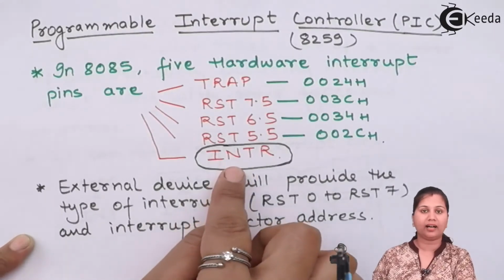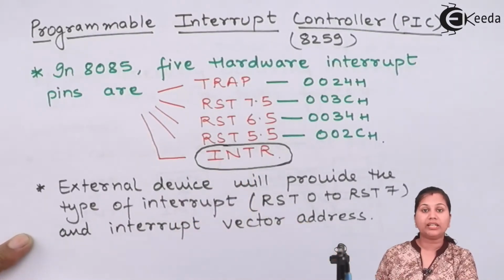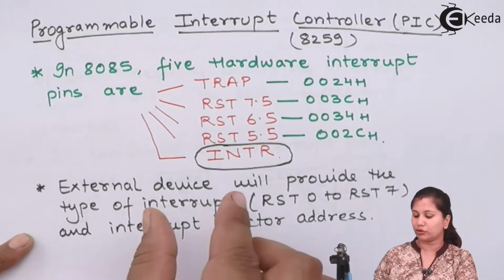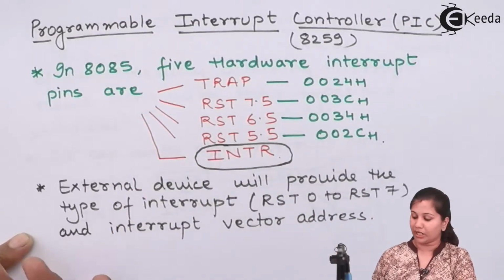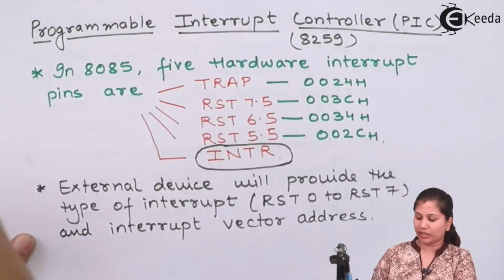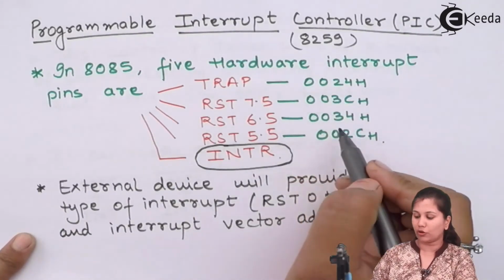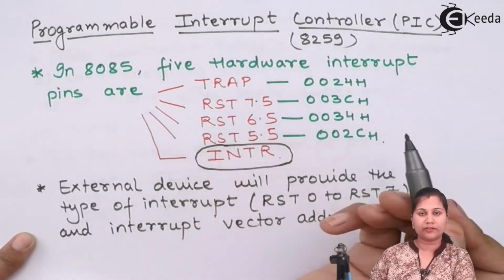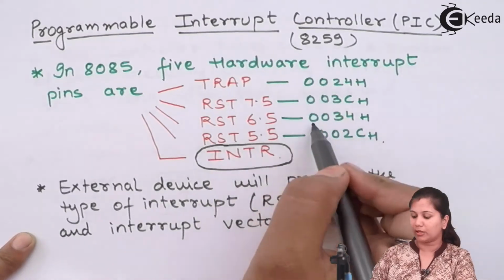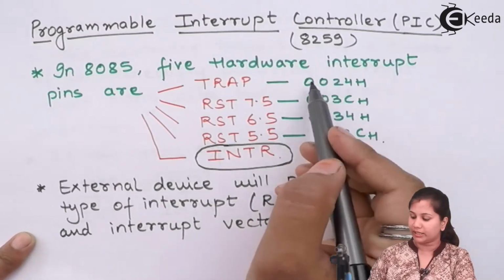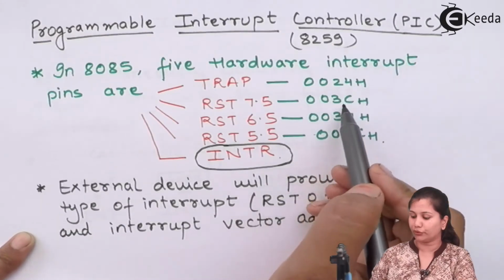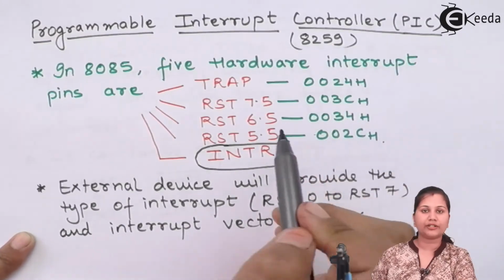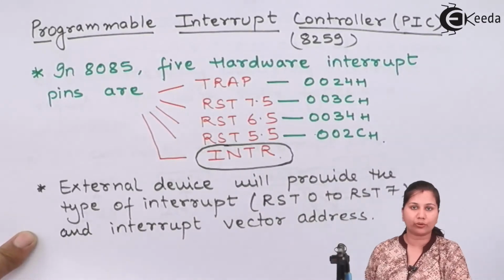But for INTR, the 8085 needs some external device which is going to provide the interrupt vector address. If you see the addresses, all the interrupt service routines are written on page number 00. This 00 shows the page number, and this 243C, 342C shows the column number and row number.